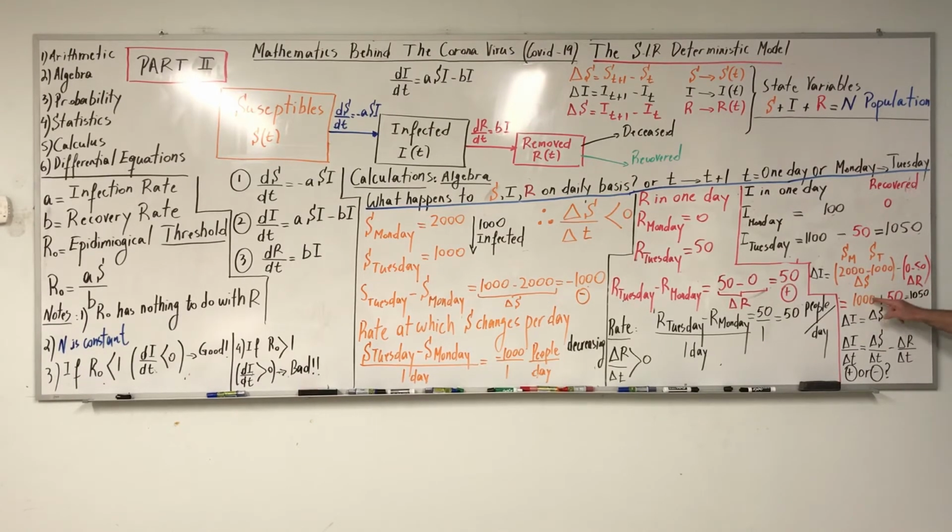If I write it, I get 1,000. Again, negative times negative is positive, so we get the same number, 1,050. Why did I do that? Because I want you to notice that the difference in I depends on the difference in S and the difference in R. So you put delta S minus delta R. In the same way, for the rate, you just divide it by time, and that's what you get.